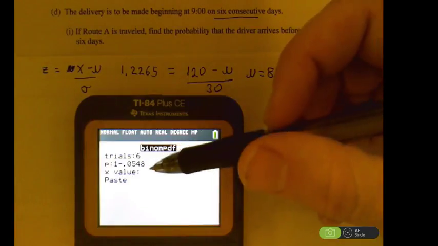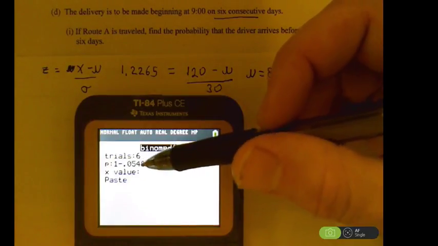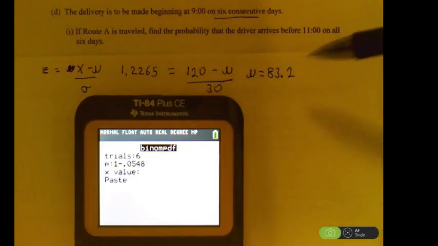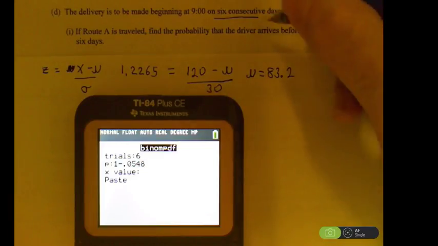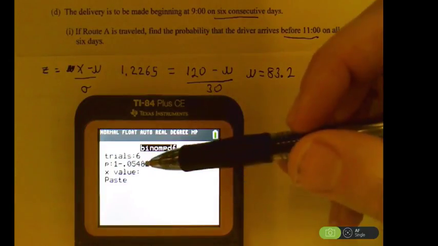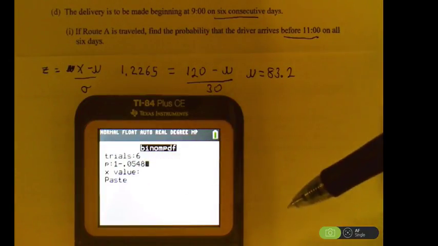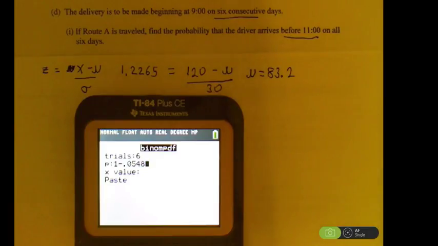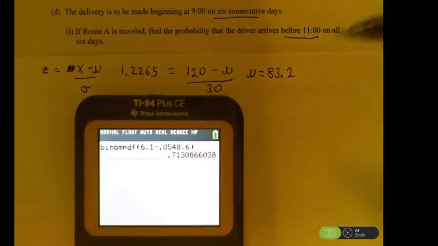Because that 5.5% that we're seeing right here was for more than 2 hours, but this one is now talking about taking less than 2 hours, and so that's why we've got to do the 1 minus for this one to get the correct probability in there. And this one says we want this to happen on all 6 days, so our x value is 6. If we just hit enter on that one, there's our probability, so about 71.3%.